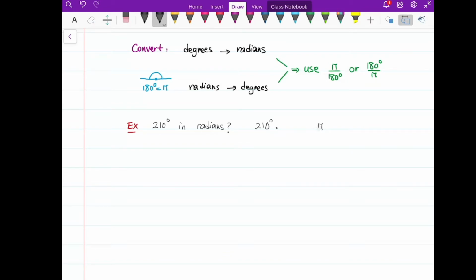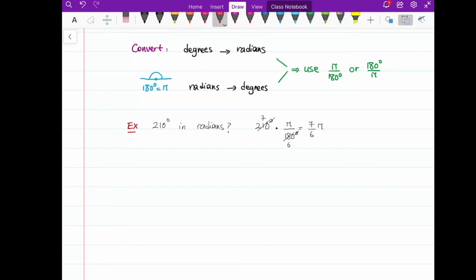So I'm going to multiply this by pi over 180 degrees. As you see, the degrees are canceled, and then I divide both by 30, so I have 7 here, and if I divide 180 by 30, I get 6. So this is 7 over 6 pi.